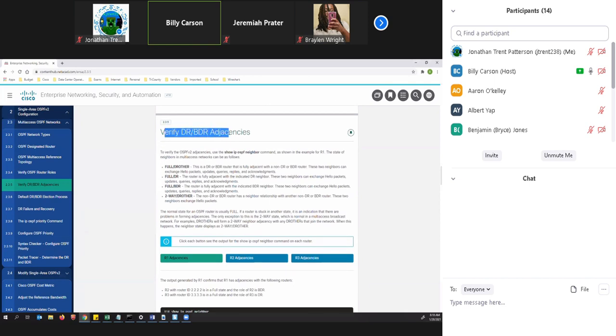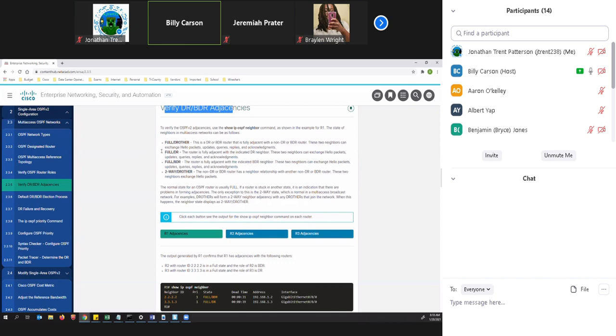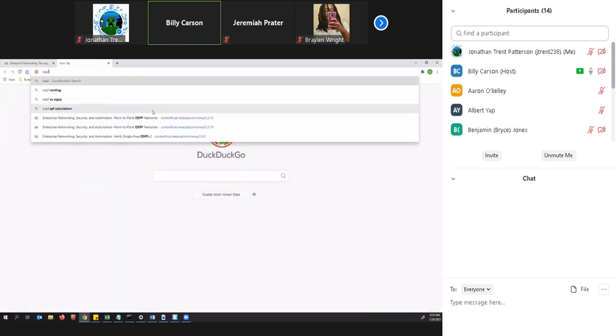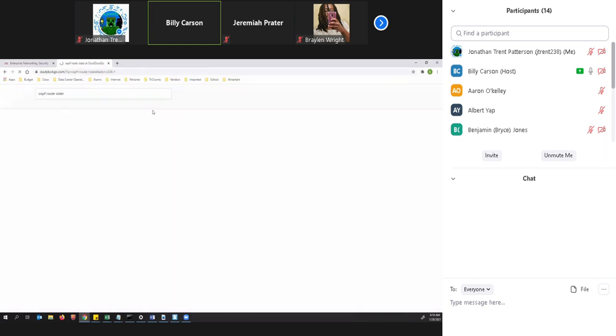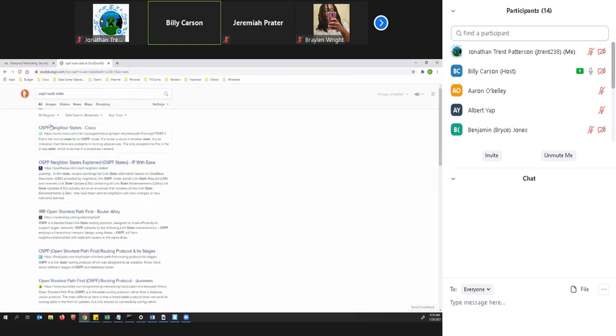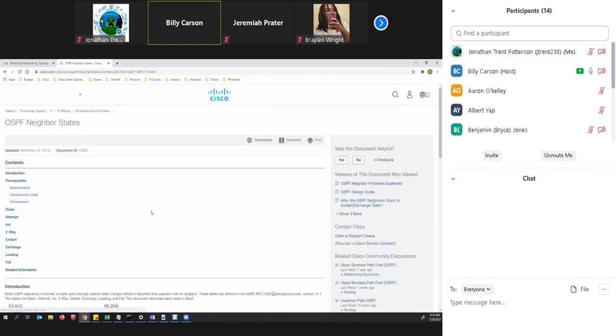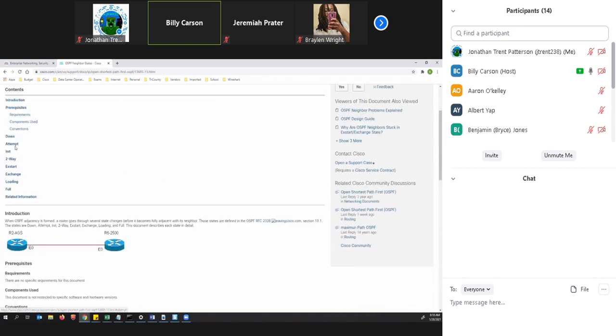Verify DR, BDR adjacencies. So here's what I was talking about. Here's the 2-way. Remember when we went through the states? We go right here. So remember these states? We went init, 2-way, exstart, exchange, loading, and full.